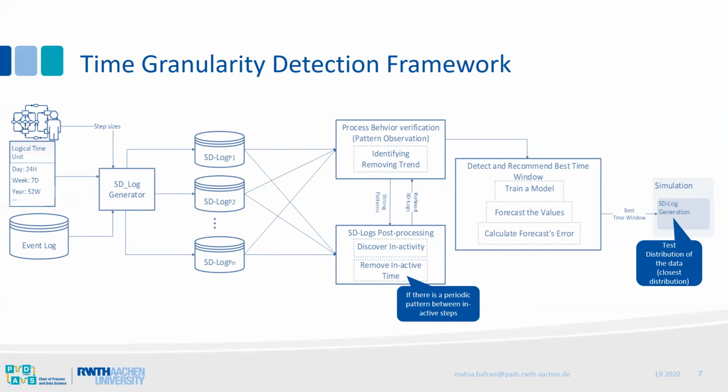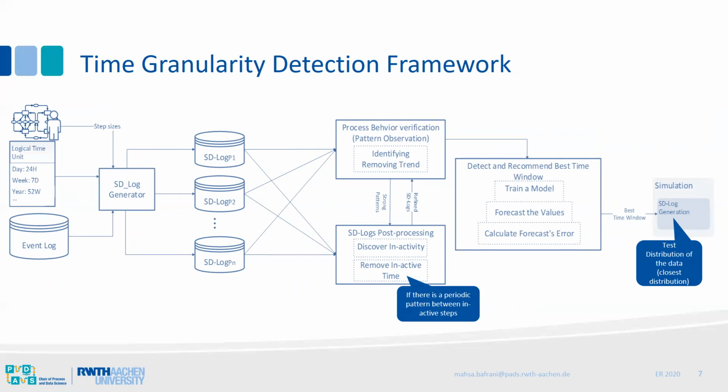For example, in a banking example, we have weekends, which are inactive intentionally, but some of them are not supposed to be, and they happen outside of regulation. By removing this inactivity, we increase the chance of having more stable data.